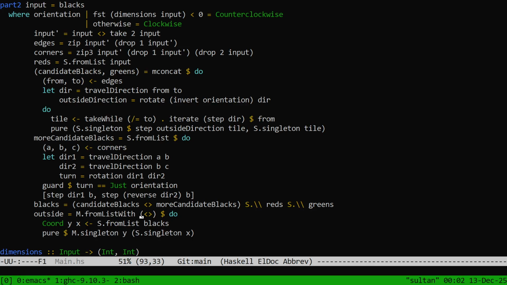But then I'm using from list with union here. Well, M append, whatever. So that if any other entries have the same Y, their singleton sets will be joined together. And so now I have what I wanted, which is a map from Y to row, where the row is a set of X. And I can check, are there any black cells in an area?